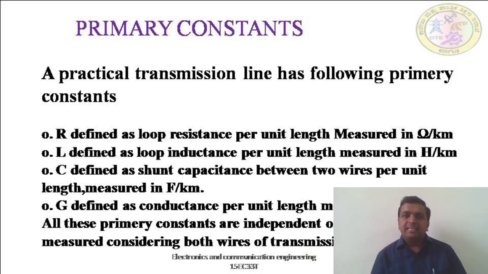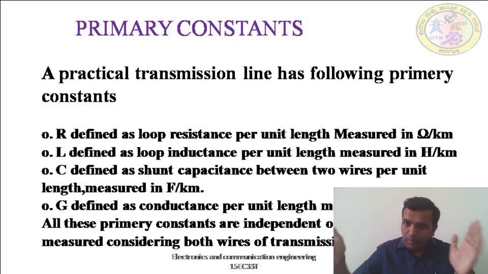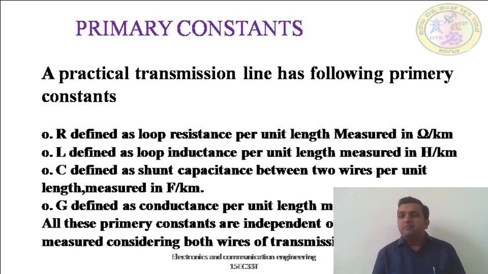The second one is L, defined as loop inductance per unit length, measured in Henry per kilometer. If you want it for the total wire, you need to multiply by the total distance of the wire, the kilometer gets canceled, and you get only Henry. That means total inductance.